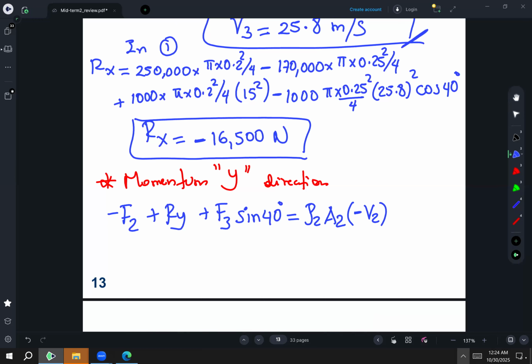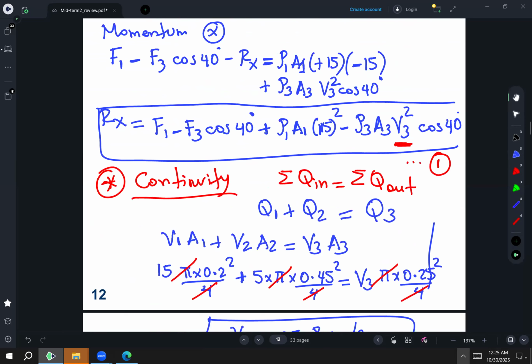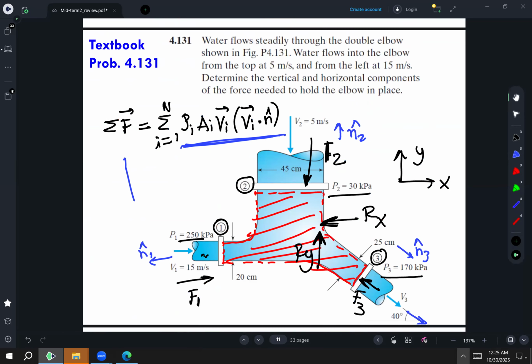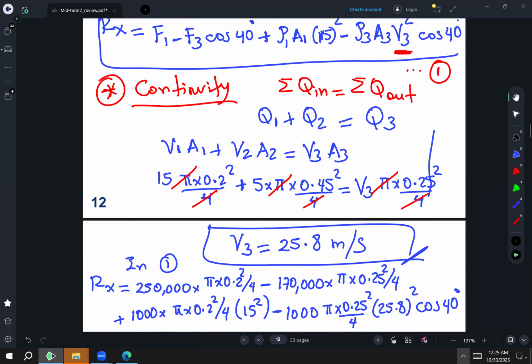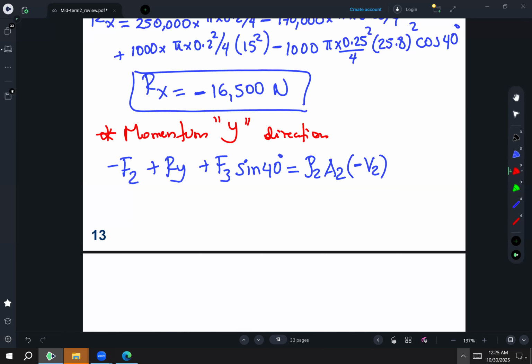Now I have the dot product of v2 times n. v2 is pointing down, but n is always outward, so they have the opposite direction. Therefore, the dot product of v2 and n2 will be negative, so this is going to be minus v2.